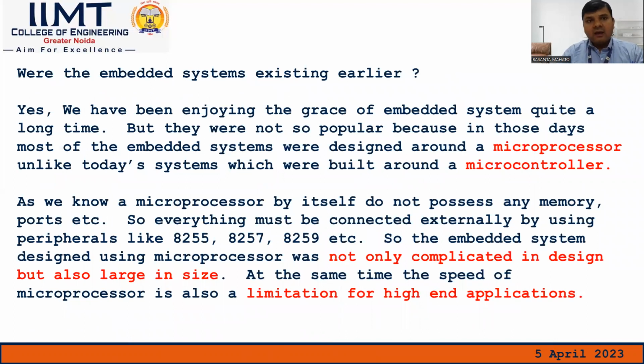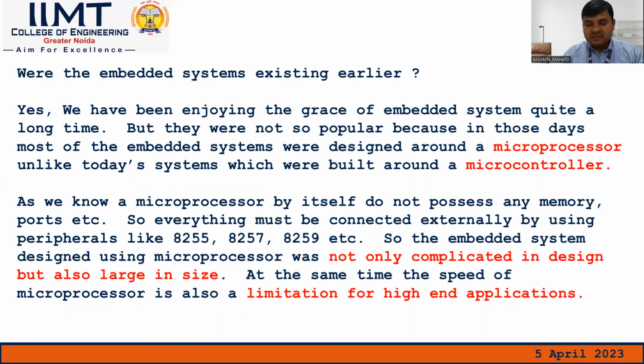So did embedded systems exist earlier? The question is, was there this kind of system in the past? Yes, the answer is yes. They were popular in those days, but at that time they were designed through the microprocessor, unlike today's systems, which are built on microcontrollers.